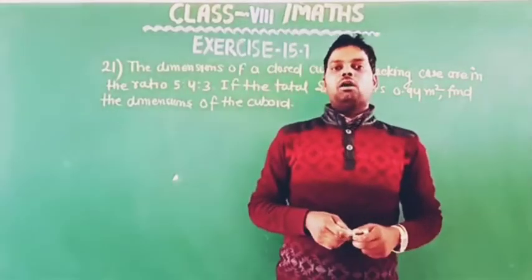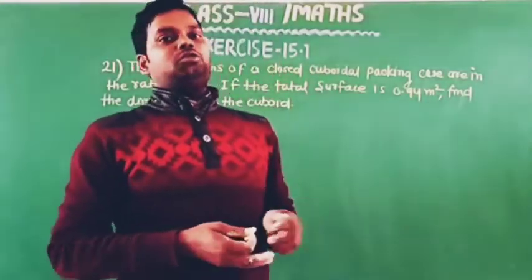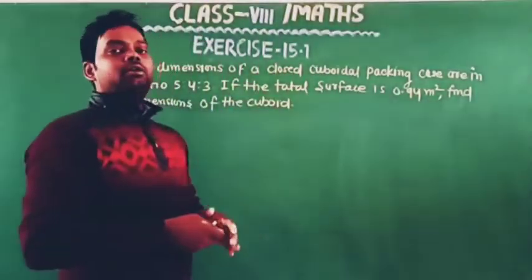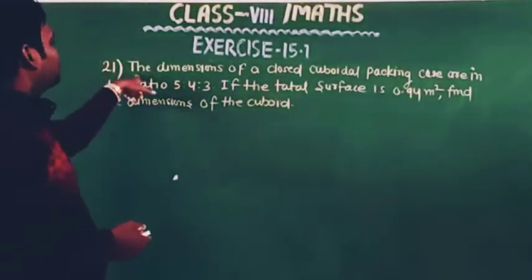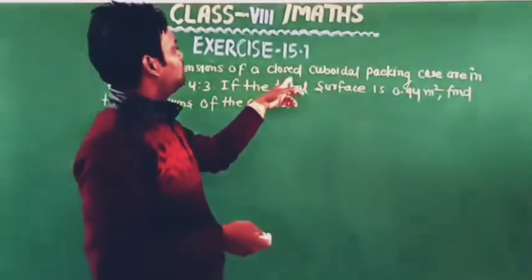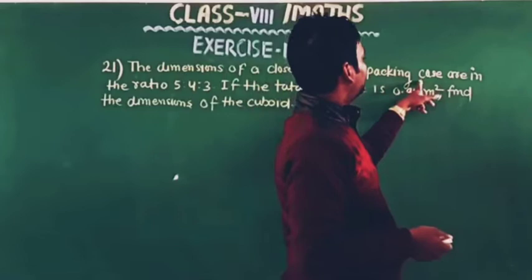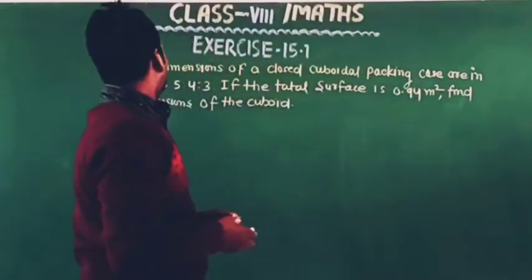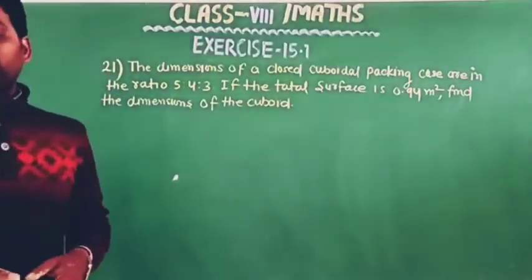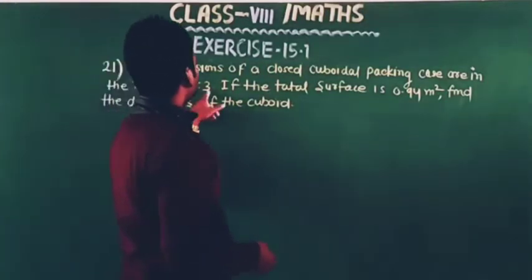Okay children, now move to question number 21. This is the last question of exercise 15.1. In this question it has been said that the dimensions of a closed cuboidal box are in the ratio 5:4:3.